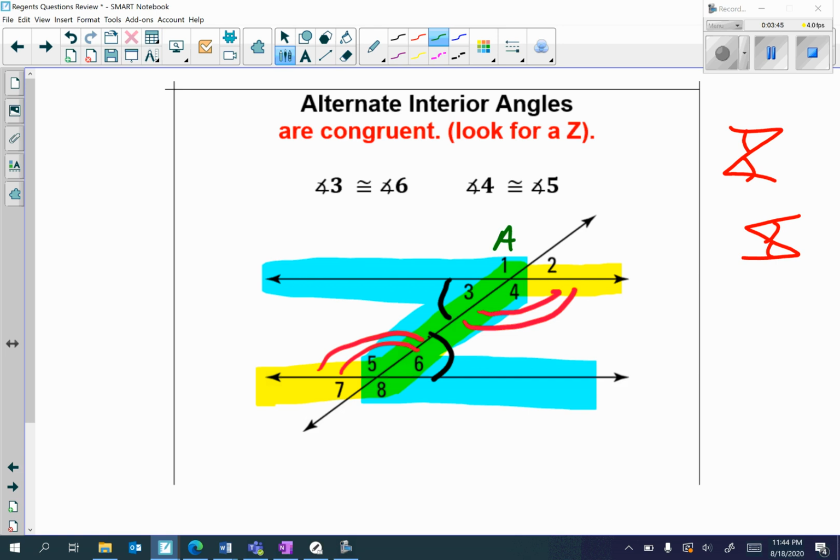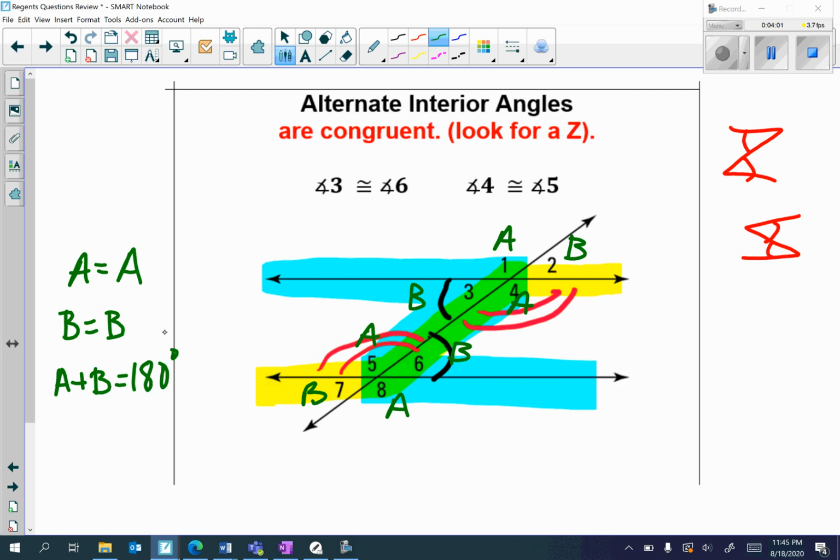So A, B, B, A, B, B, A. And remember, A is equal to A, B is equal to B, and A plus B is equal to 180 degrees. Notice that 3 and 6 are B's, so they're congruent to each other, and 4 and 5 are A's, they're congruent to each other. So for alternate interior angles, always look for a Z.